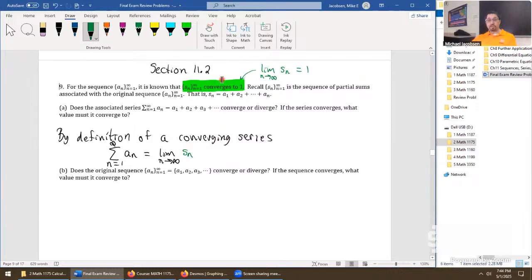But we were told it converges to one. We have to now put that together, meaning the limit exists and it also equals one. So that means this limit equals one. And because the limit exists, the series down over here converges. Let's say here just briefly, this shows summation an, written more briefly just as a symbol now, converges.